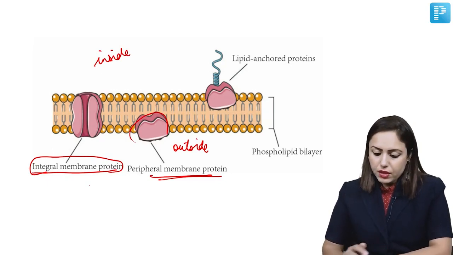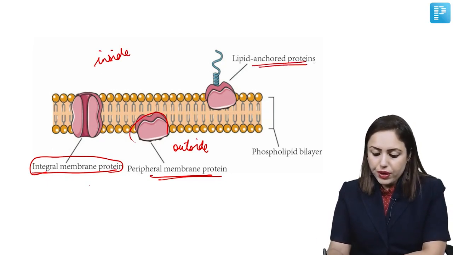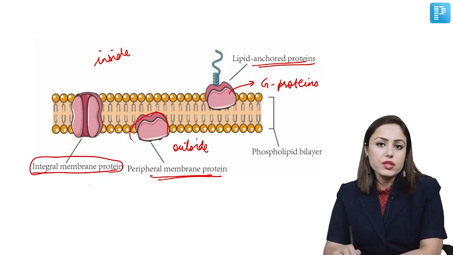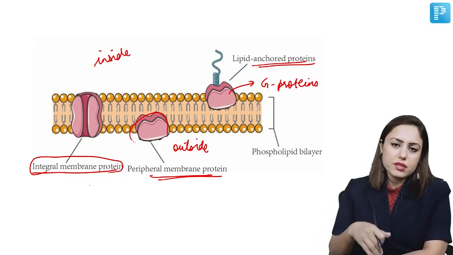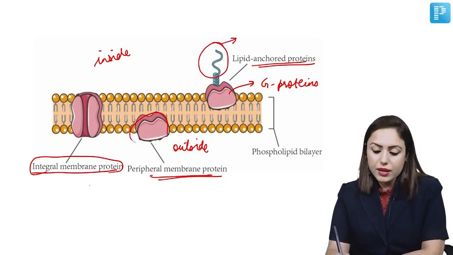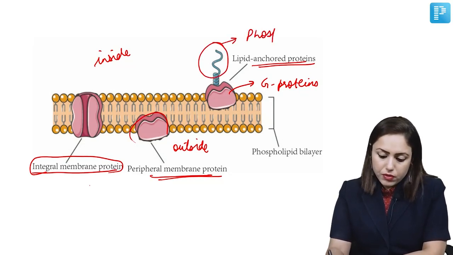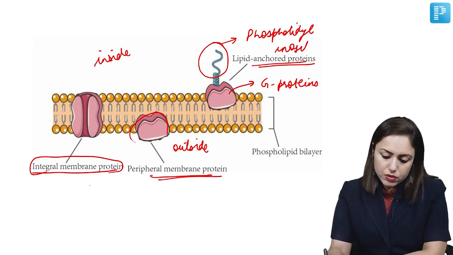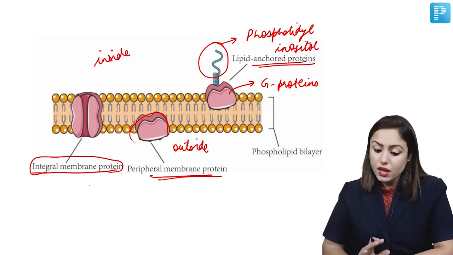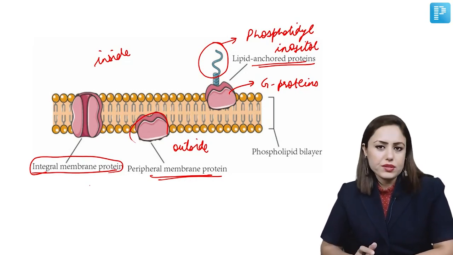Okay, then there are some lipid anchored proteins. Mostly the proteins are G proteins. They are anchored in the cell membrane via a lipid, and that lipid is phosphatidyl inositol, right? These are known as lipid anchored proteins.